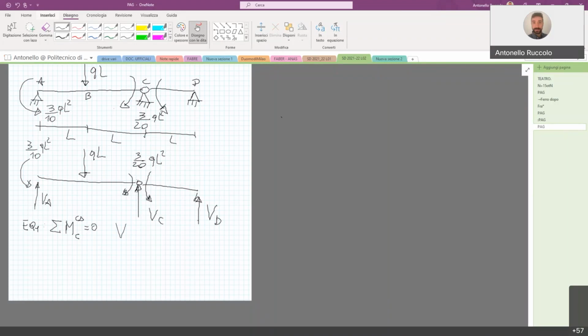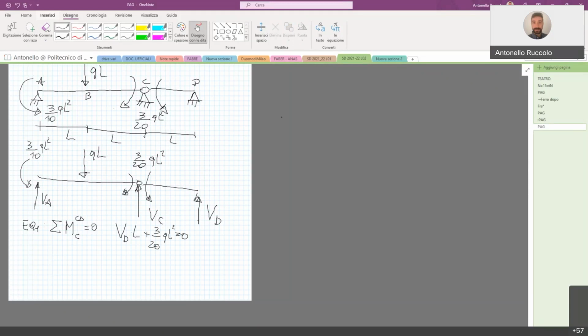VD times its lever arm, L, which is positive going counterclockwise with respect to node C, plus the bending moment x2, so 3/20 QL to the power of 2.